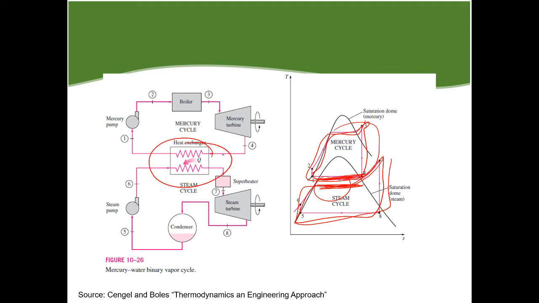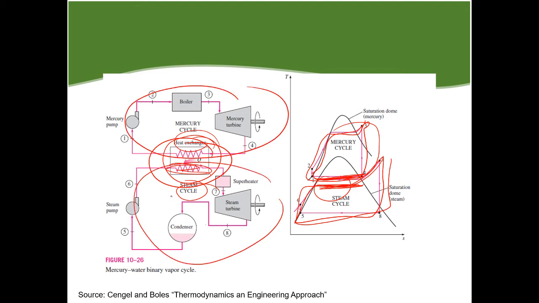Pero in essence, heat exchanger yun. Siya yung parang naging boiler nung water, yung condenser nitong mercury. Merong heat exchanger. So, ito yung high temperature process. Ito yung low temperature process.